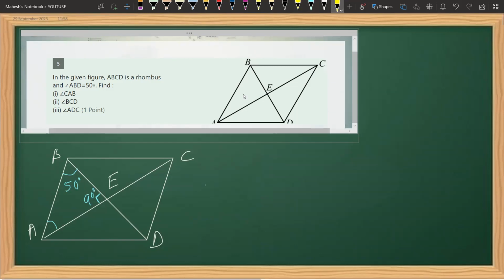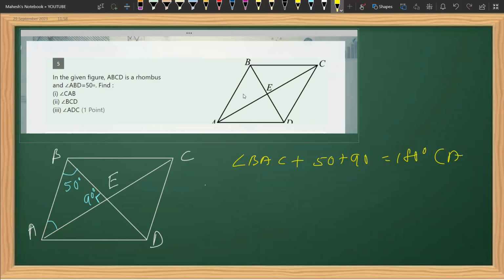Further, as you can see, this is a triangle, BEA, and in this triangle we know the values of two angles. So by the angle sum property, we can get the third angle. We can say that angle BAC plus the other two angles we know, 50 and 90, should be equal to 180.